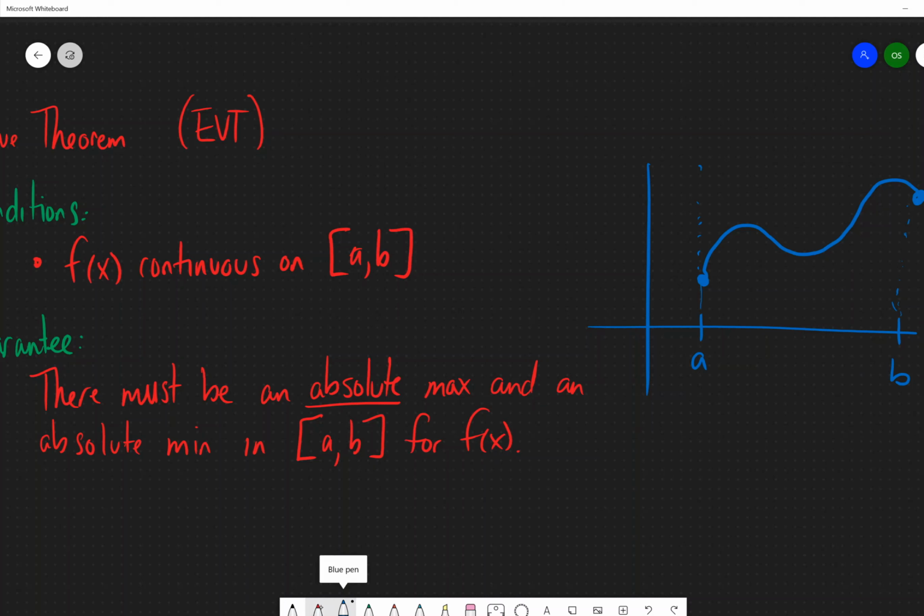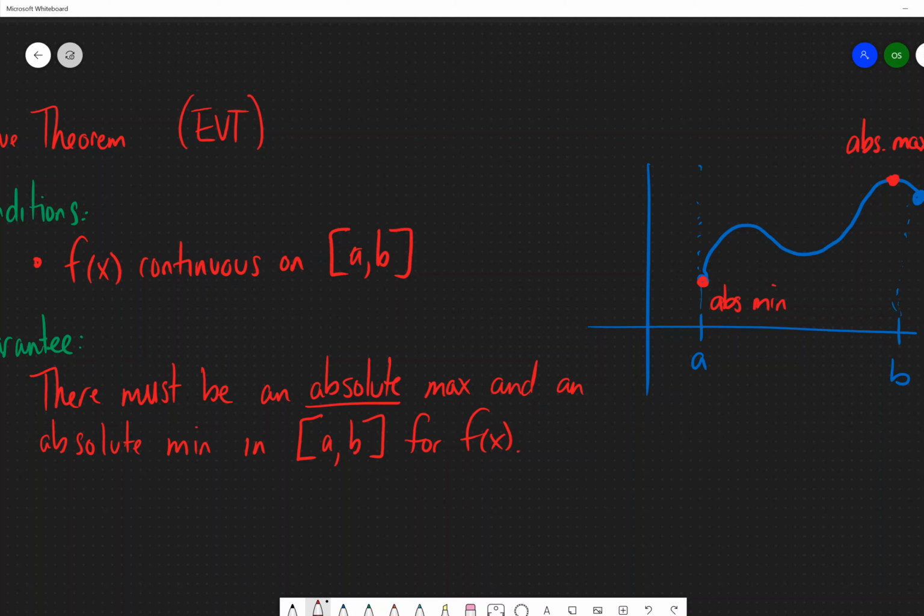So I can just easily see from the graph, yep, this seems to be our highest point because I do start to curve down here. This would be my absolute max. And do I have a lowest point on the graph? Yep, it seems to be this endpoint over here. This is my absolute minimum point on the graph. So that's all it guarantees. There's got to be at least a high point and a low point.